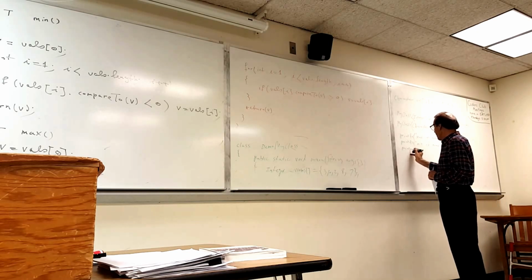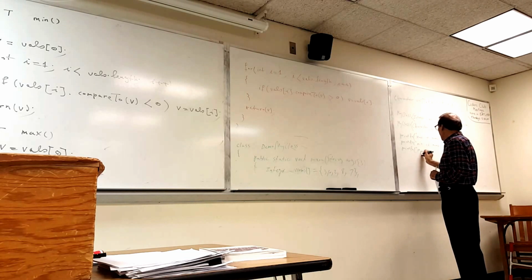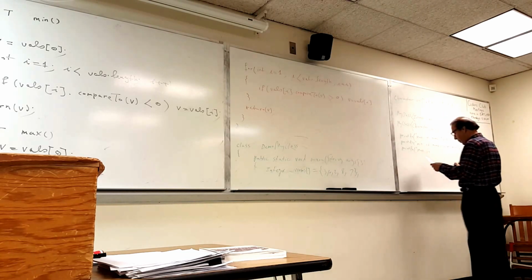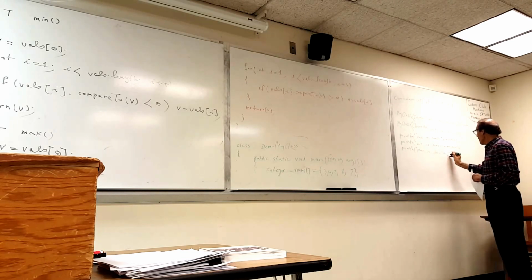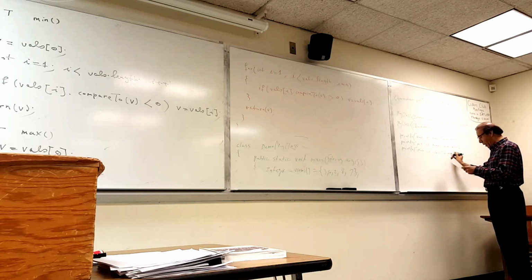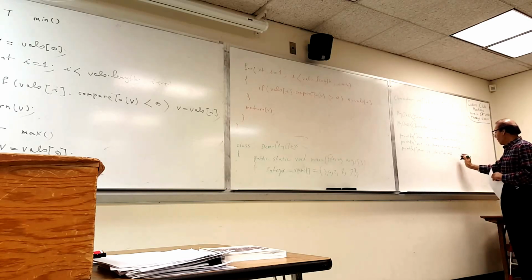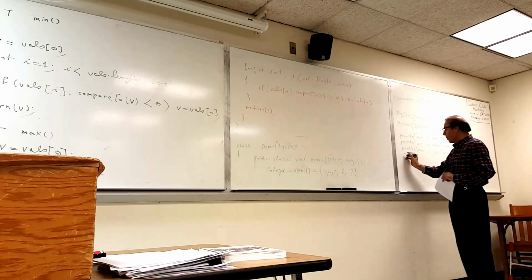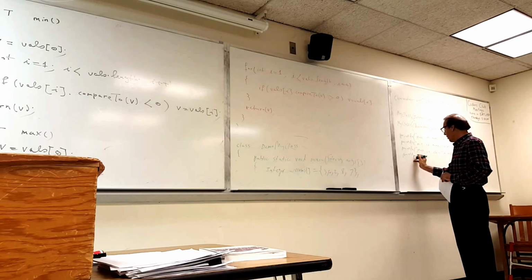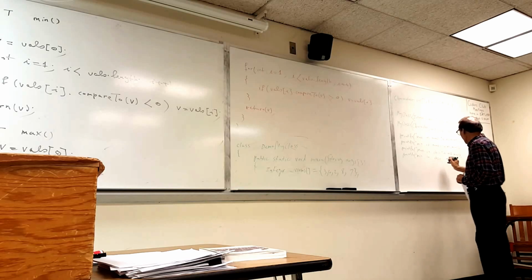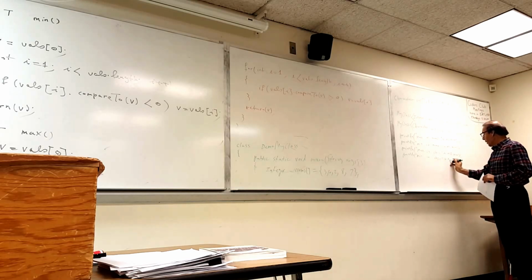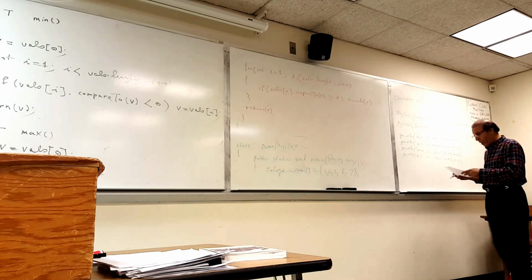Println max in chs equals plus mc1 dot max, and finally println min in chs equals plus mc1 dot min, close.